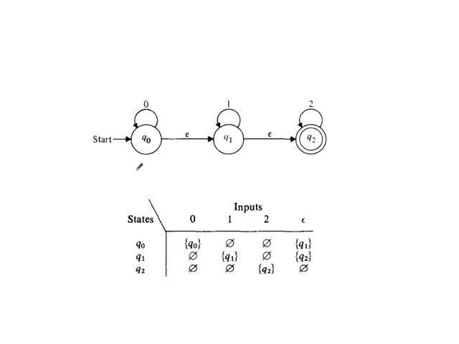For this, then the transition table will look like this. So for a non-deterministic automata without epsilon move, this part was not there, right? So now you have all the input symbols and the epsilon here.